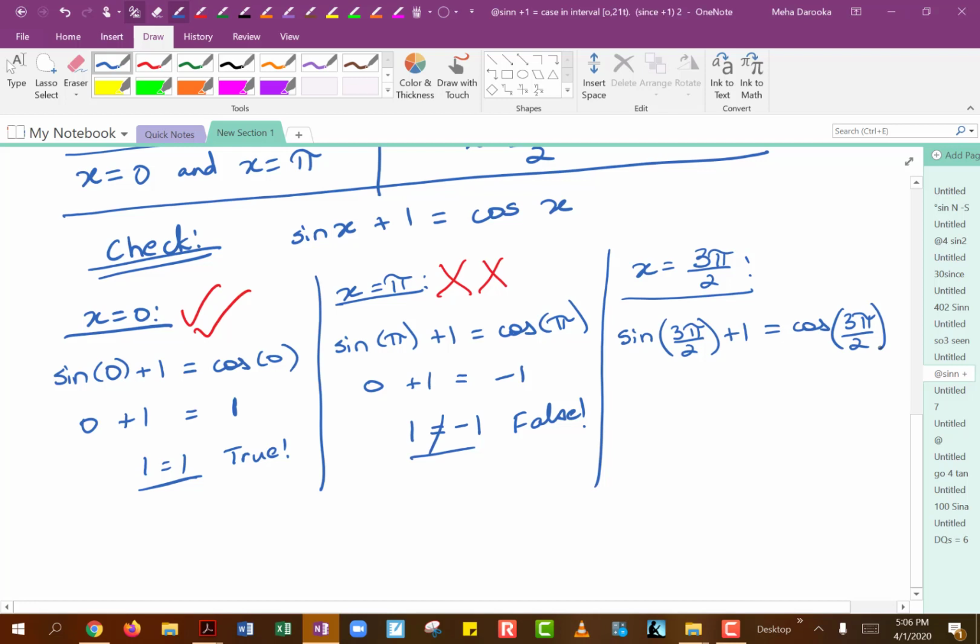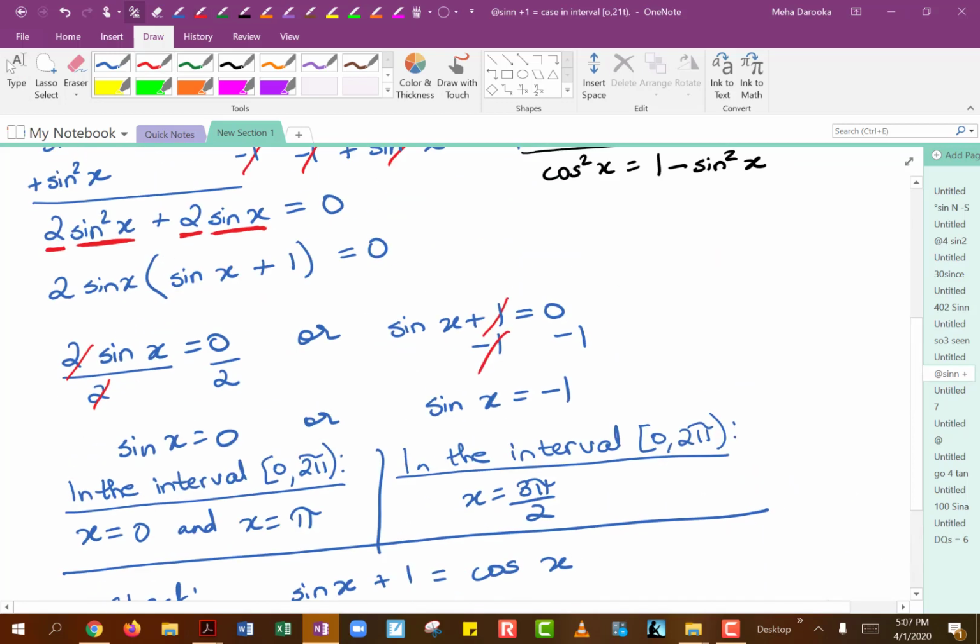So in this case, sine of 3 pi over 2 is -1. Then we've got our plus 1 and that equals cosine of 3 pi over 2, which is of course going to be 0. So negative 1 plus 1 on the left-hand side will also become 0, and you end up getting 0 equals 0, which is a true statement. So that tells us that x equals 3 pi over 2 is okay to use.